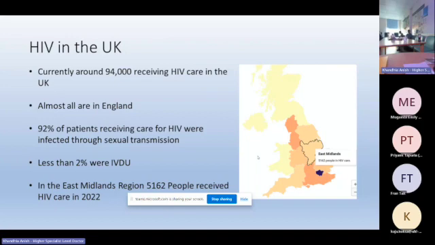As I was saying, the vast majority of patients receiving HIV care in the UK are infected through sexual transmission. Contrary to typical stereotypes, the proportion of patients infected with HIV through heterosexual contact is slightly higher than through any other group, so MSM or sex workers or whatever.